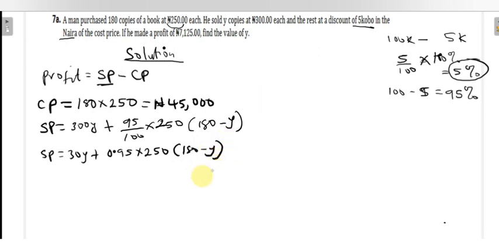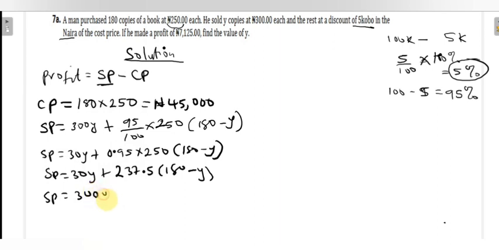The selling price would be equal to 300Y plus 0.95 times 250, which is going to give us 237.5 into 180 minus Y. So the selling price is going to be equal to 300Y plus 237.5 times 180.